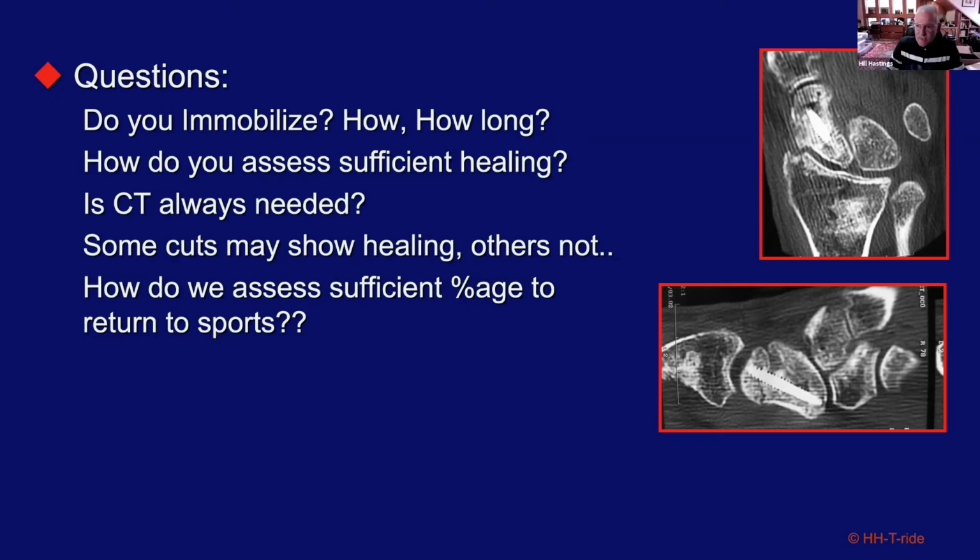Jesse, turn them loose. Yeah, I think that you need to have at least upward of 50 to 60, 70% of cortical bridging in order to be considered healed enough to go and be in competitive sports.